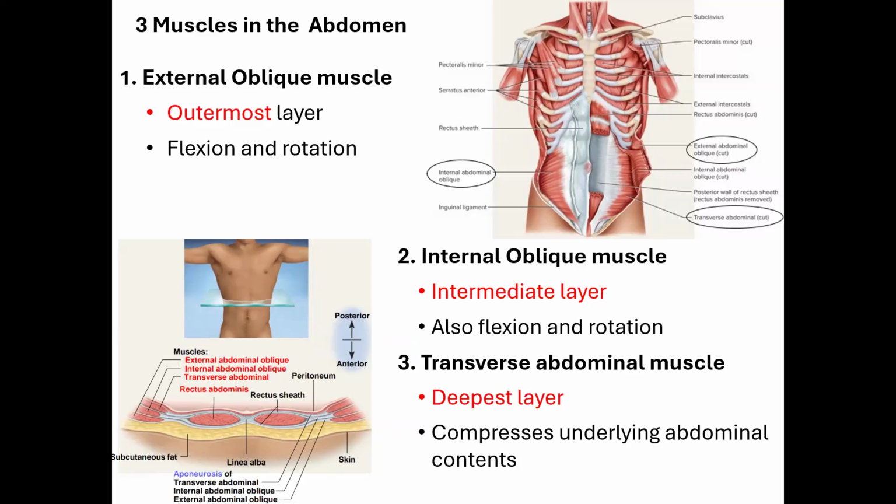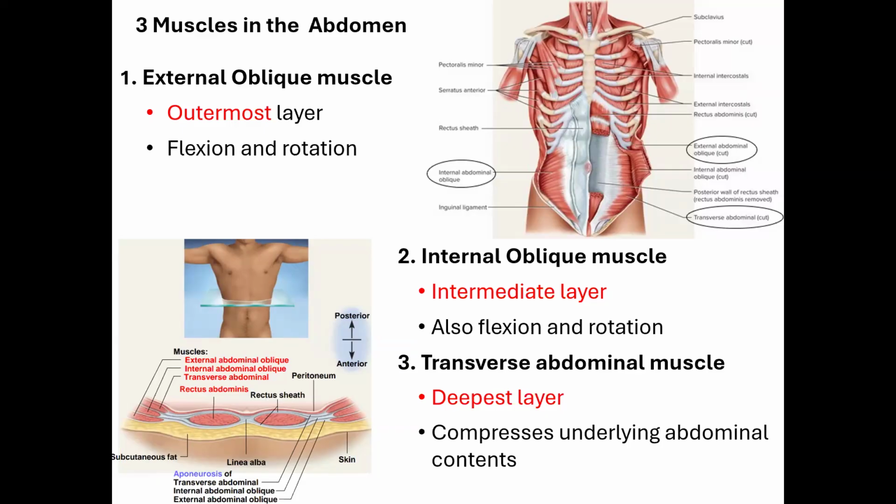That is the external oblique muscle. And there's a muscle inside that, which is called the internal oblique muscle. So we are looking at three layers: external oblique, internal oblique, and there's another layer inside. So the external oblique causes flexion. Internal oblique also causes flexion and rotation.